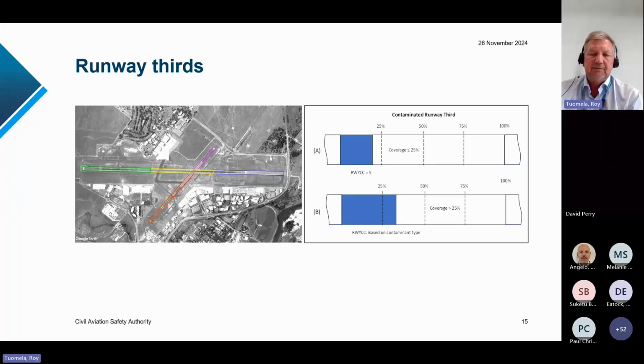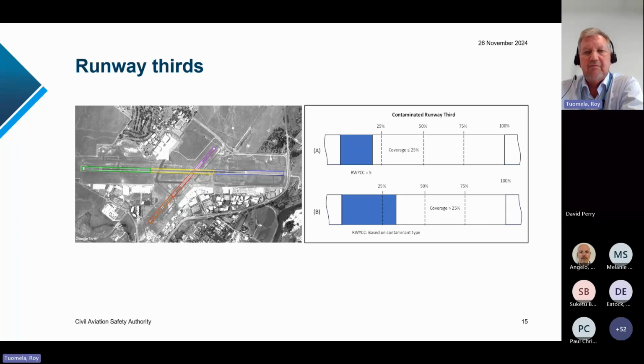And what we did with our National Runway Safety Group, what the airlines were interested in: if a runway third has less than or equal to 25% of it, sorry, it has standing water, then we only report it as wet. Just to repeat that, if you've got less than or equal to 25% of a runway third with standing water on it, we report it as wet and a runway condition code of 5.